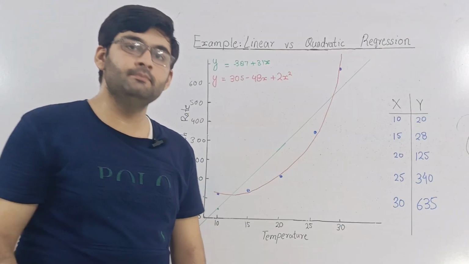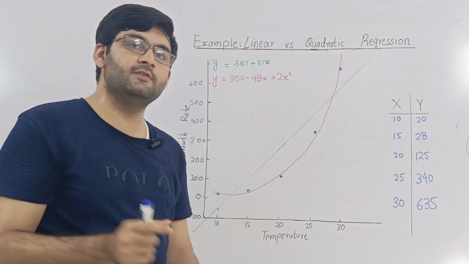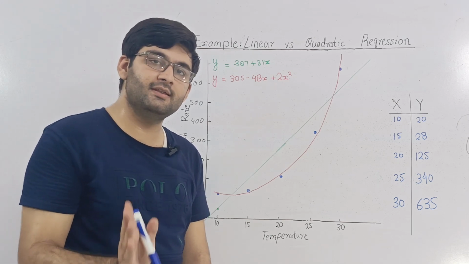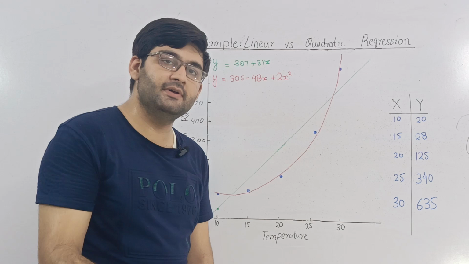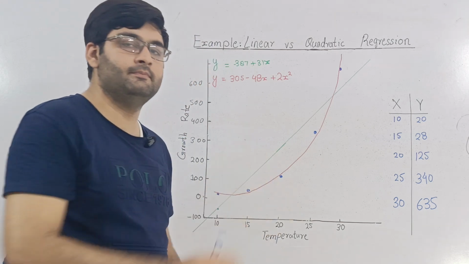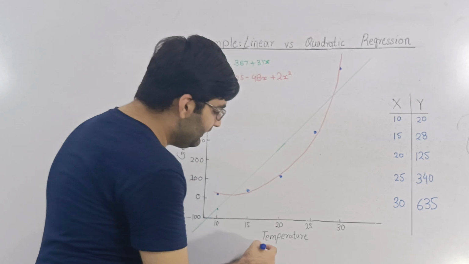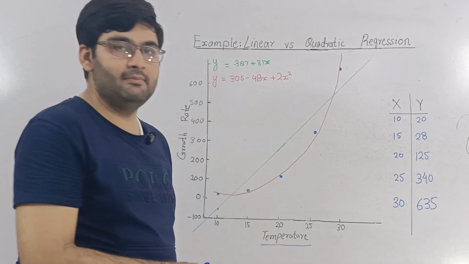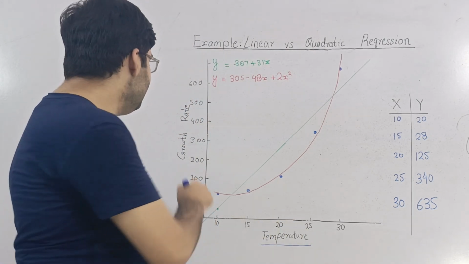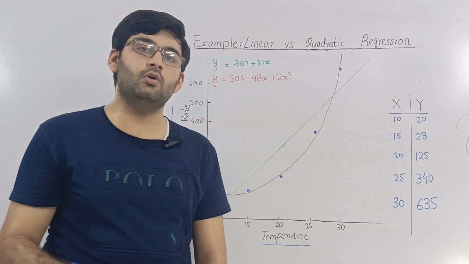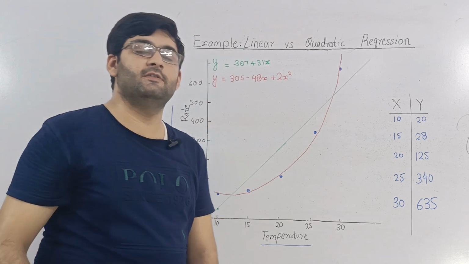Back to the problem where we tried to use simple linear regression to predict the growth rate of algae given a specific temperature. I have plotted that data set here with temperature as the predictor variable on the x-axis and growth rate as the target variable on the y-axis.